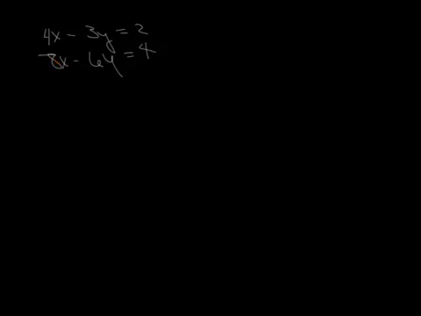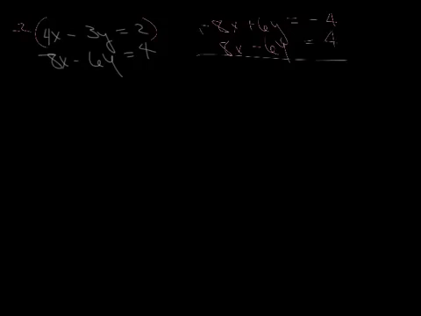So we're going to multiply this top by negative 2. So I get negative 8x plus 6y equals negative 4. And on the bottom I still have my 8x minus 6y equals 4. Alright, let's do this. Those disappear too. And those disappear.